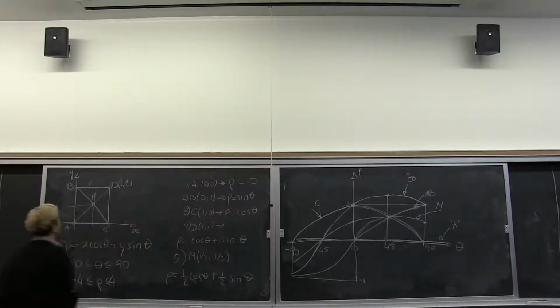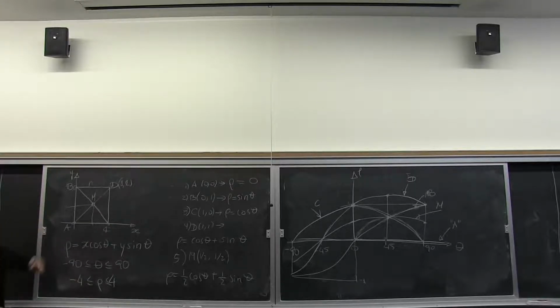Now, how about the diagonal BC? What's the Hough transform of BC? It's a point, right? So what are the coordinates of that point? What do I need to know? Rho and theta, right? Okay, so how much is rho? Right, square root of 2 by 2.